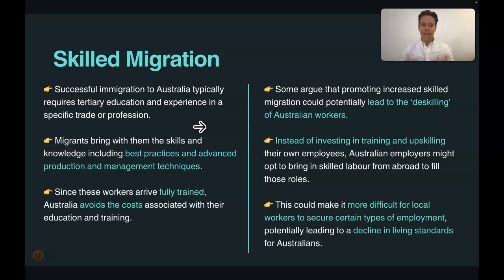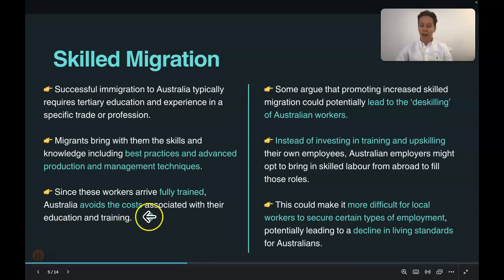And so basically, they come and they provide that situation where we can enjoy improvements in productivity in our workforce, so increase output per unit of input, because they have those best practices and advanced production and management techniques ready to go. You then link that through to the improvement of aggregate supply that we've already spoken about: increased productivity, decreased cost of production, ultimately an increase in aggregate supply.